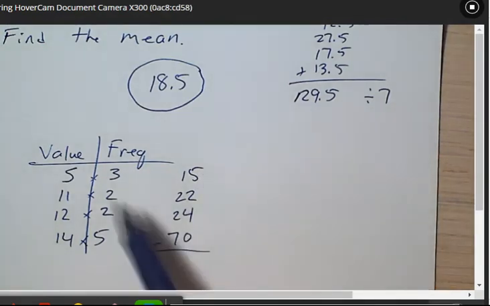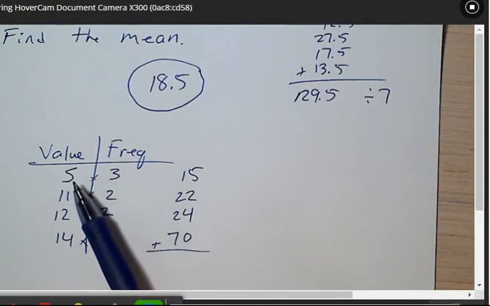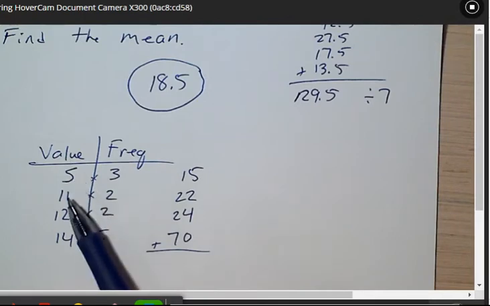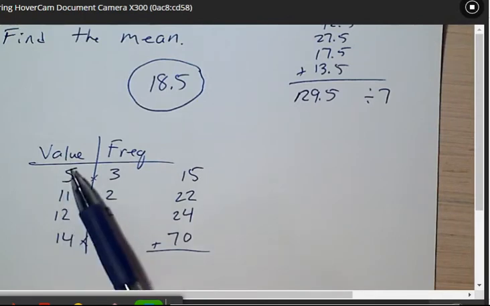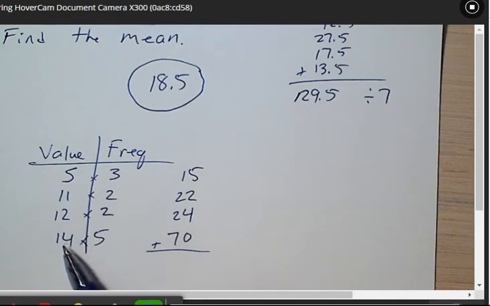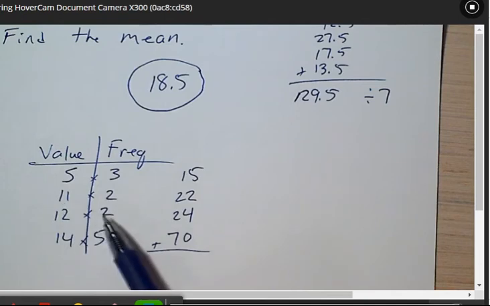Now, again, you could go back and add a 5 and a 5 and a 5 and 11 and 11 and 12 and 12. You could list all these individually. But the quickest way is just to go back and multiply these out, because you've got 3 5s, you've got 2 11s, and 2 12s. Put all that together. Comes out to be 131.